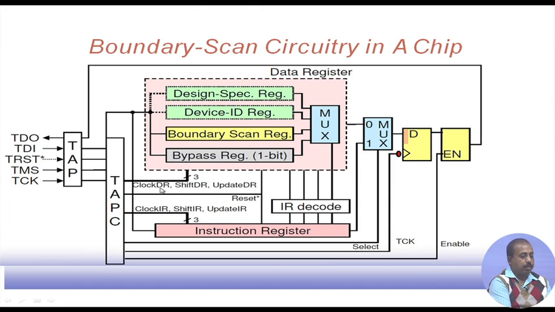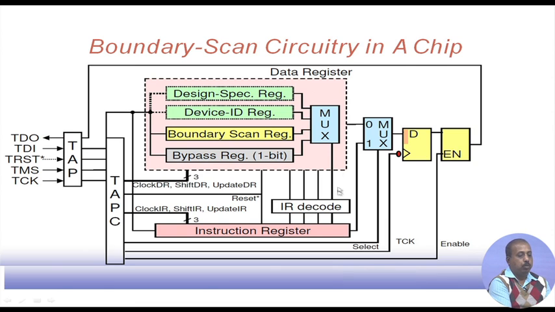Now, there are some signals like clock to the data register, shift to the data register, and update data register. We will see these as we proceed. There are some cells and registers that we will see, and the instruction that is coming goes to an instruction register decoder, which decodes it and controls all these data registers and this multiplexer.